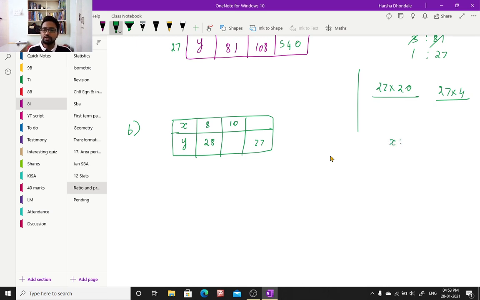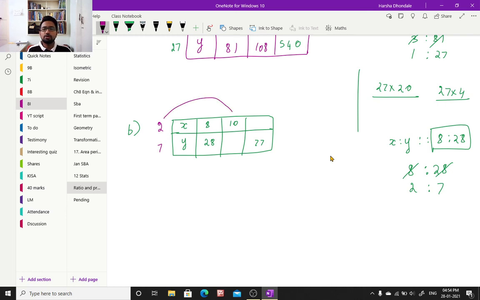X is to y is in proportion with 8 is to 28. I can divide both of them by 4. 4 2s are 8, and 4 7s are 28. So this can be reduced to 2 is to 7.